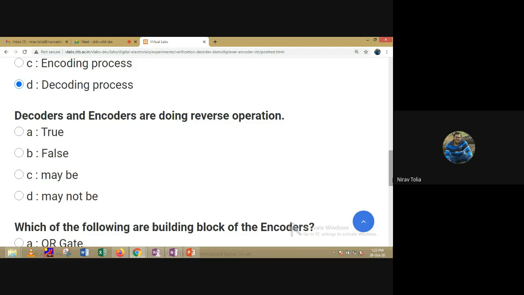Either A, B, C, or D. Rajesh, Mahima, Isa, and Jenny gave the answer that it is A.